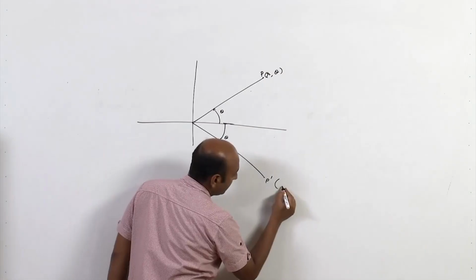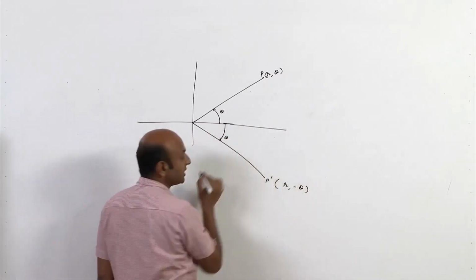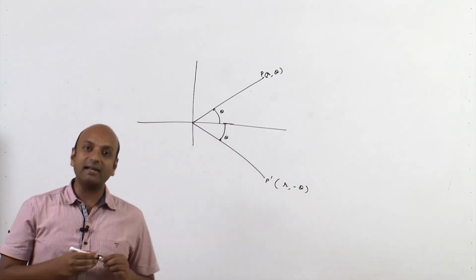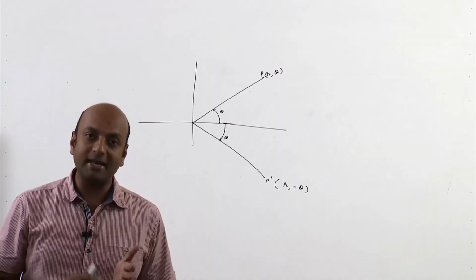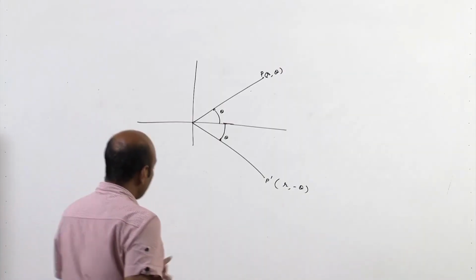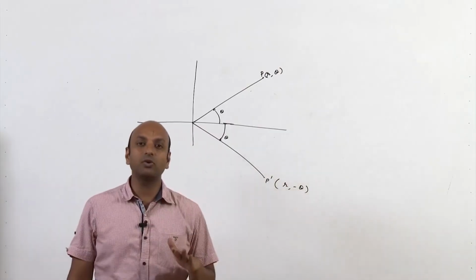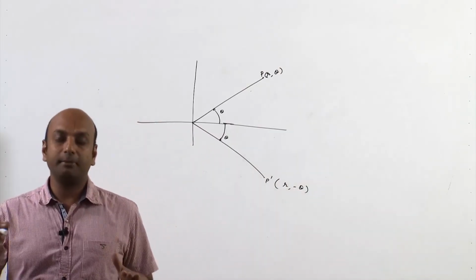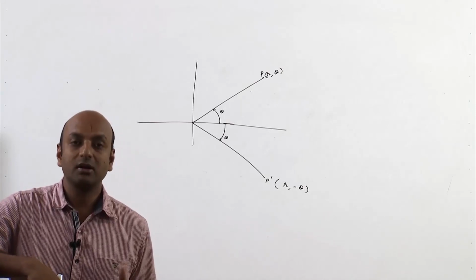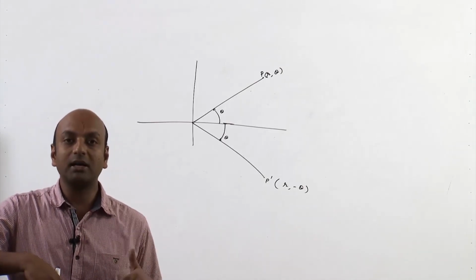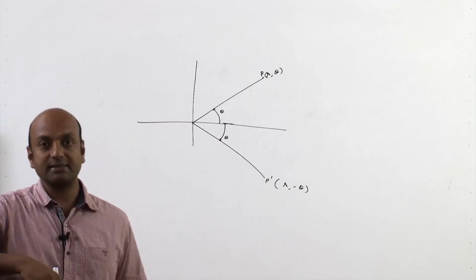So, this point can be written as r comma minus theta because we are moving in the clockwise direction. So, we can say that in the given polar curve, if you replace r by r and theta by minus theta, and the resulting equation is not affected, there is no change in the equation, that means the given polar curve is symmetrical about x axis.